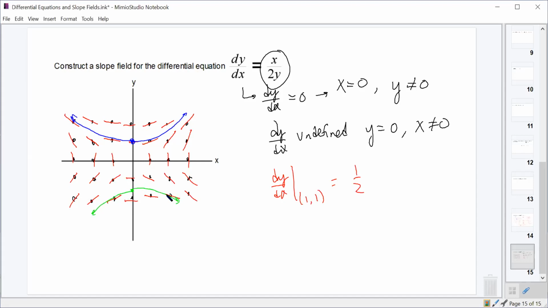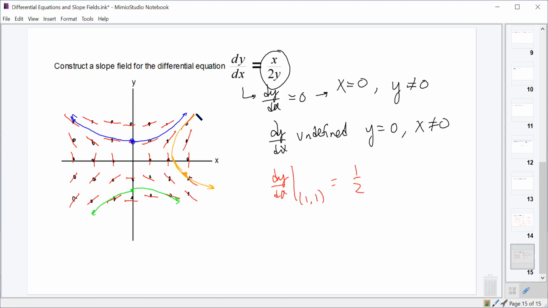If I happened to pick a point that was way over, let me get a different color for this, a point like way over here, it would be coming up to vertical up here and extending out this way.